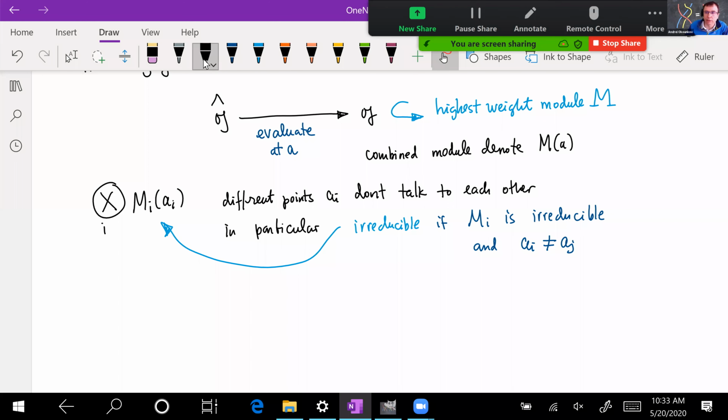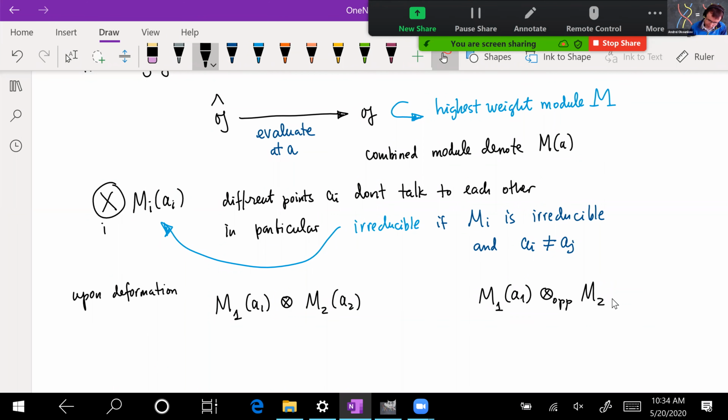And so, in particular, now upon deformation, if I take M1 of a1 tensor M2 of a2, and if I compare it with the same thing taken in the opposite coproduct, well, first of all, these are two irreducible modules, since if a1 and a2 are generic.